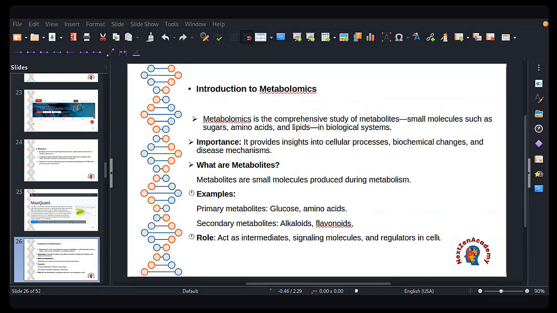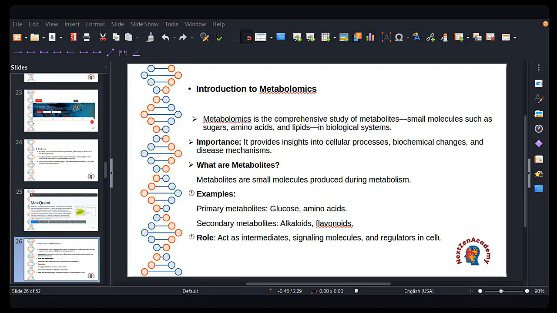Any doubt? So till now, what we have studied? Proteins, their structure, right? Different types of structure are there. Then what are the key techniques? Right, gel electrophoresis, chromatography, mass spectrometry.